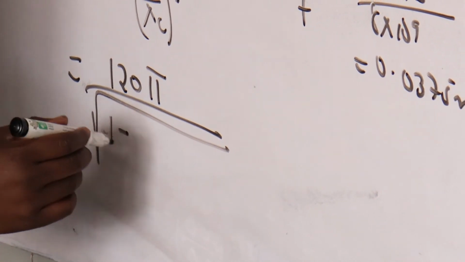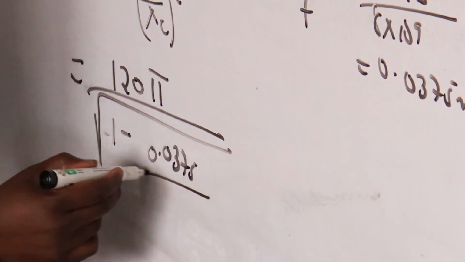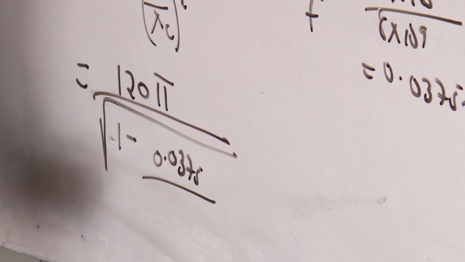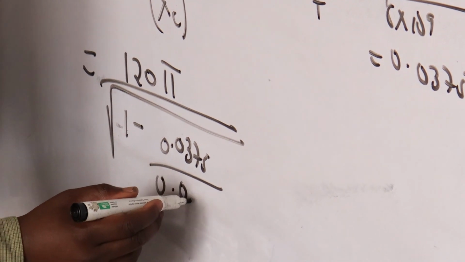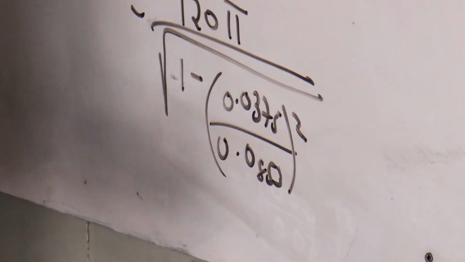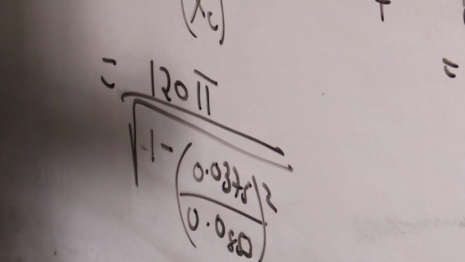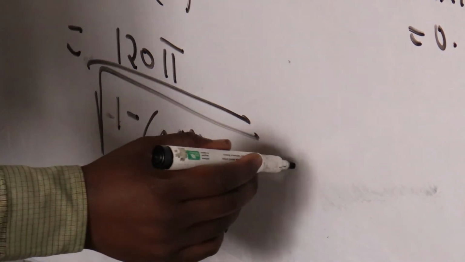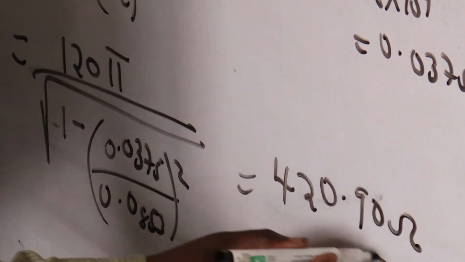Then we replace this in the formula, so here we shall have 120 pi over the square root of 1 minus 0.0375 over the cut-off wavelength, which is 0.0853, all squared. When you divide that, we are able to get the characteristic impedance as 420.90 ohms.